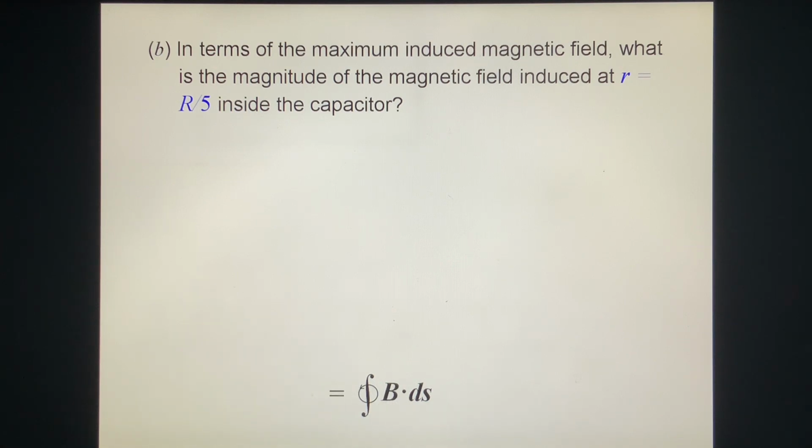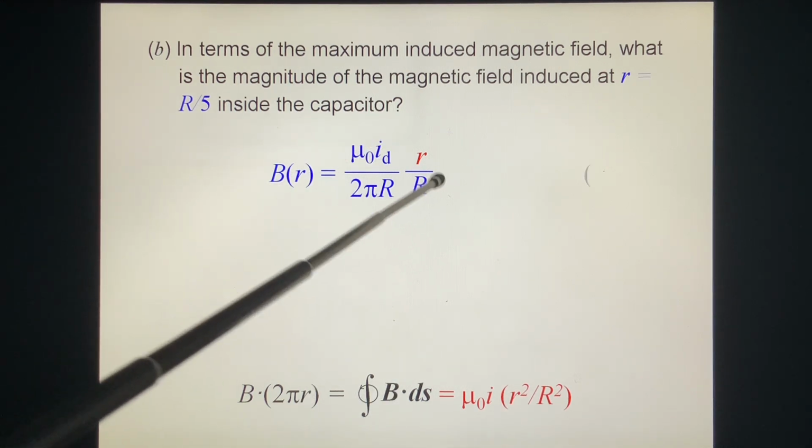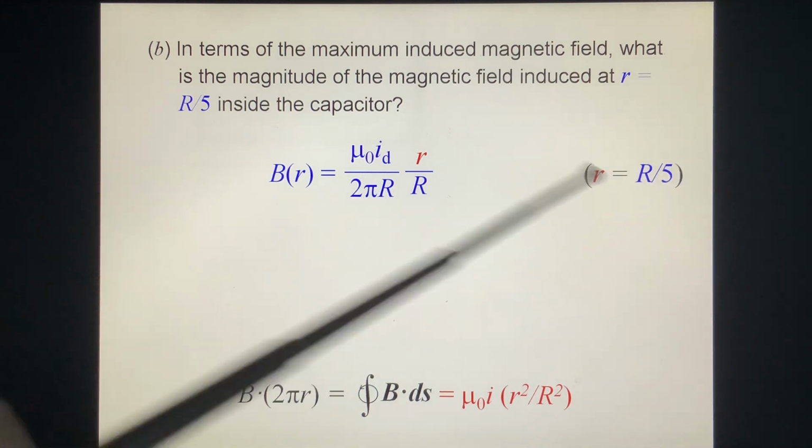So this equals B times 2 pi r. And on the right side, we have mu 0 I r squared over R squared. So B(r) equals mu 0 I over 2 pi times r over R squared, inside.